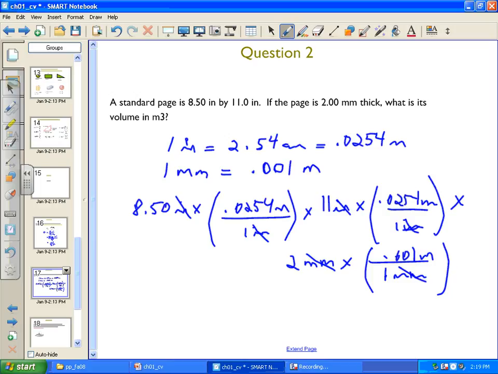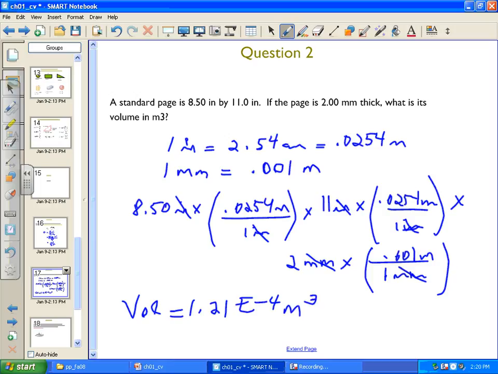And so the volume of the sheet will be given by 8.5 times 0.0254, 11 times 0.0254, and 2 times 0.001. And the result will be in meters cubed. And in fact, it should come out to be 1.21 e to the minus 4 meters cubed.